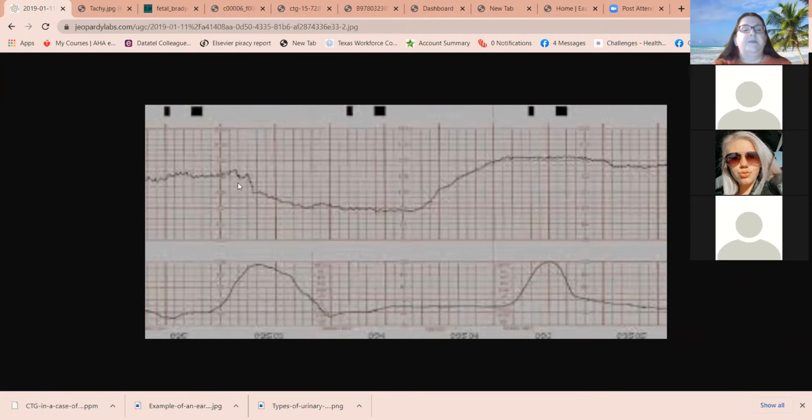So before this big decel, what do we see? This is 120, 150, 180. So where is the baseline? About 140. What's the variability?